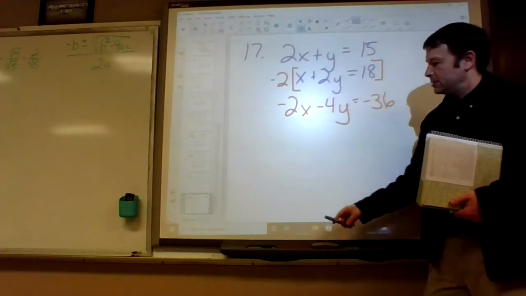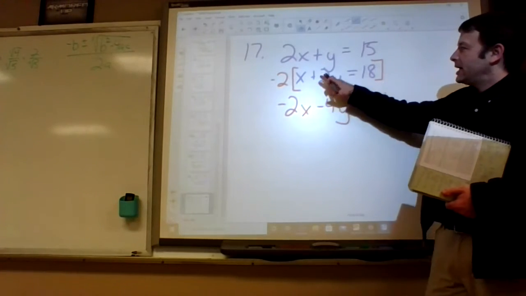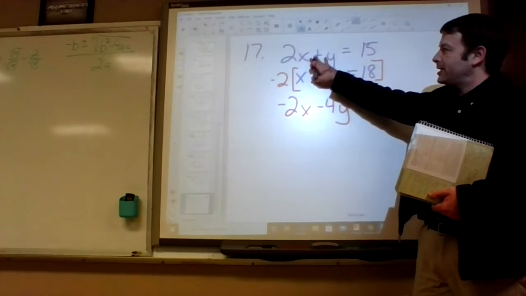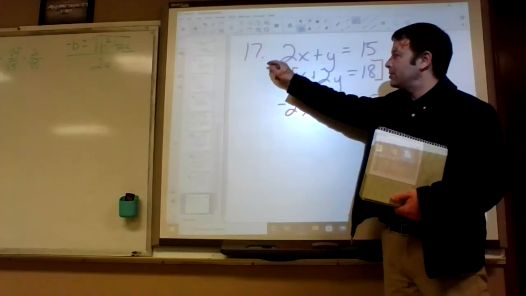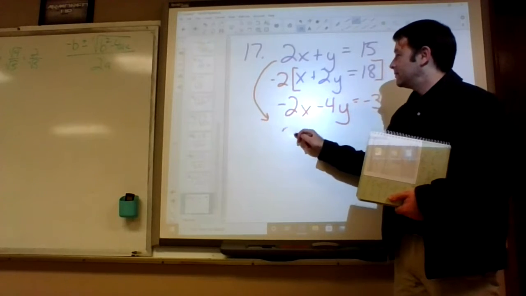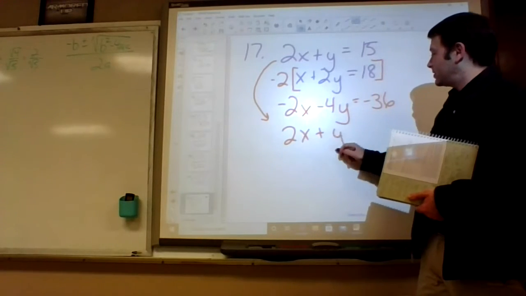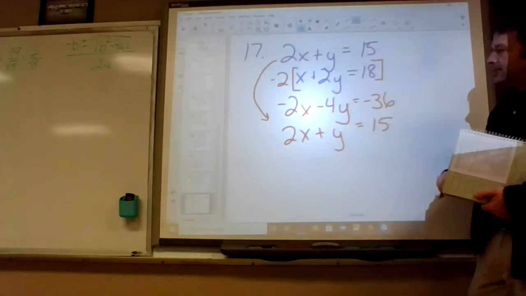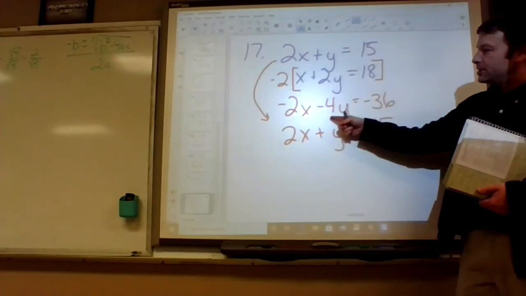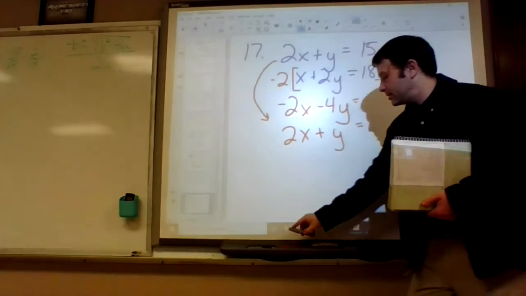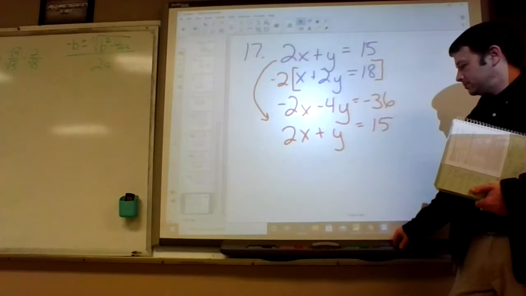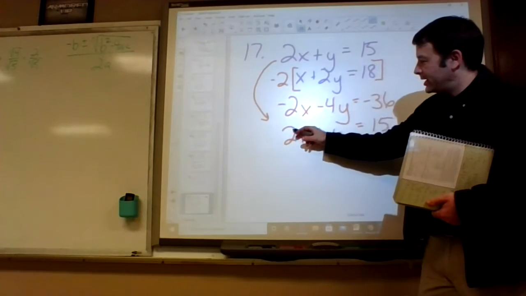Okay. So you don't really have to rewrite that top line, but just to help us, I'm going to bring it down here so it's visually easier to look at. Just rewrite the top line so they're stacked together. Now what do I do? If I add these two together, they'll go away, right?